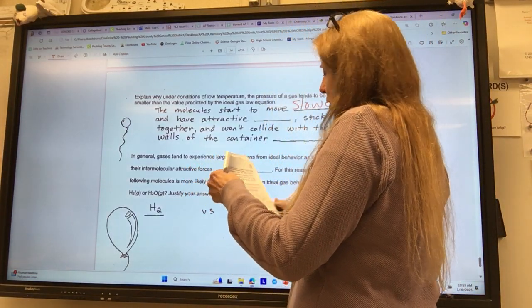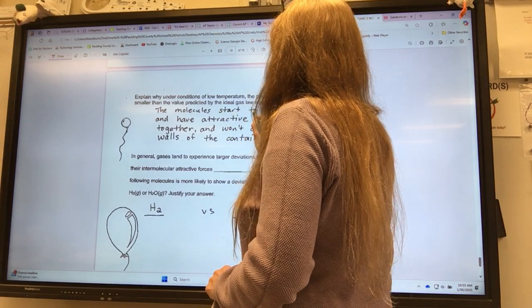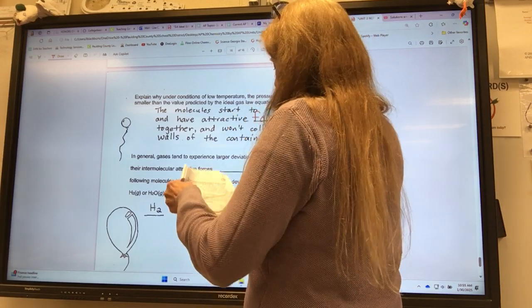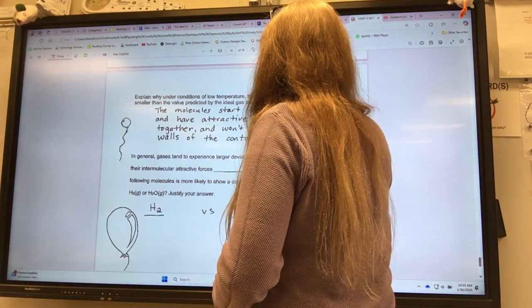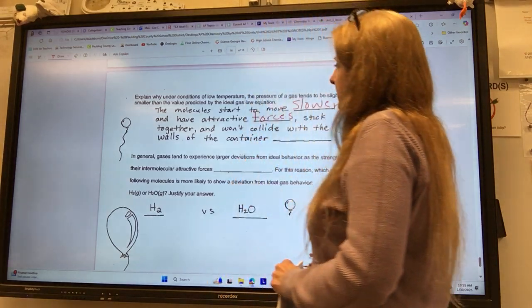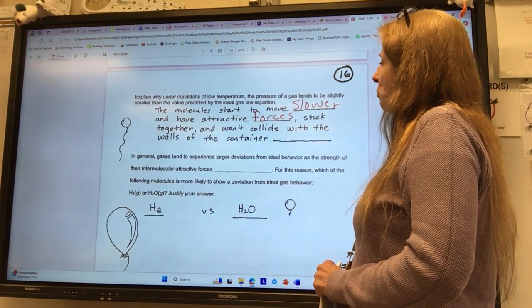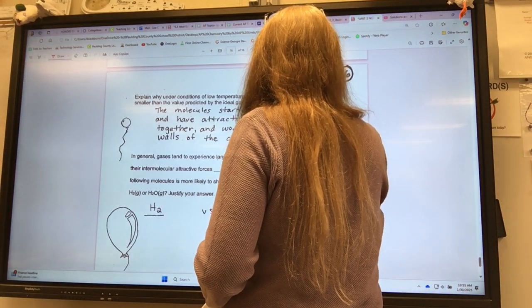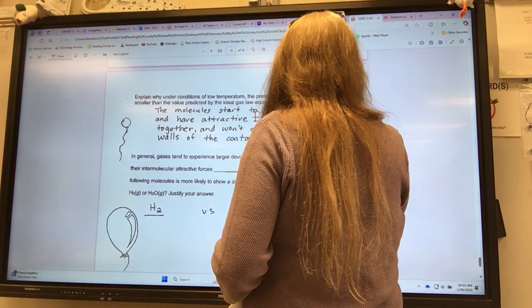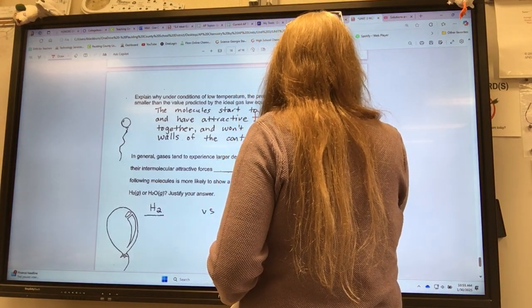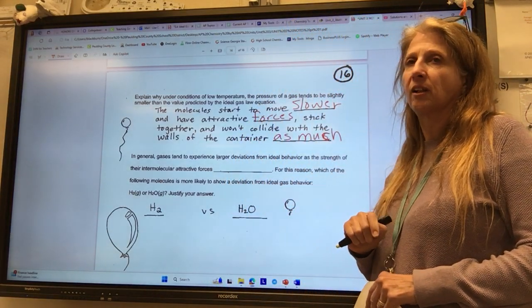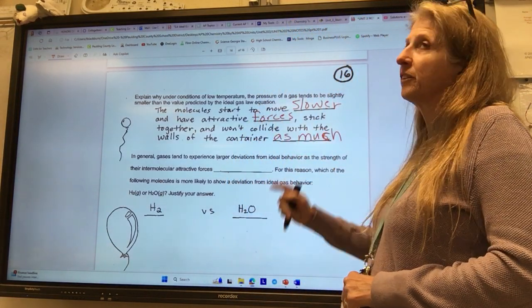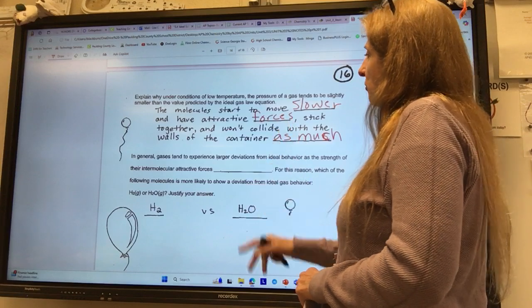And they have attractive forces, so then their attractive forces can be in contact longer. And then they can start to stick together, and they won't collide with the walls of the container as much. And that's where pressure comes from, how much they collide with the walls of the container. They're colliding with each other instead of the walls. They're not hitting the walls as hard.